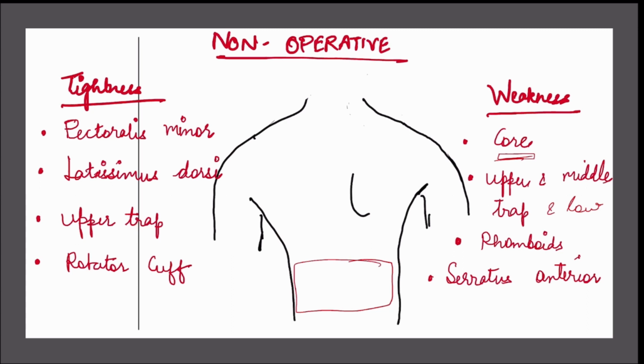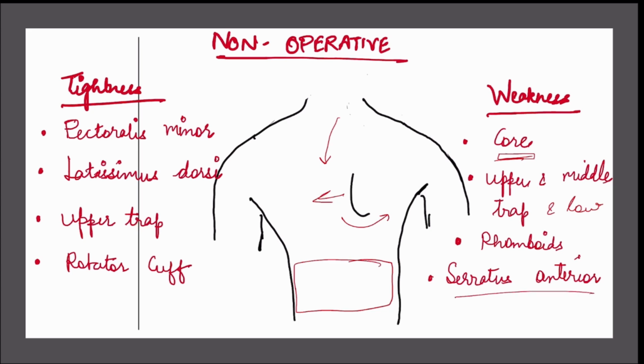Then the rhomboids. Rhomboids also cause the retraction of the scapula. And you know already that in normal scapular movements, the scapula retracts, it externally rotates and it tilts posteriorly. So rhomboids help in retraction of the scapula, which is the normal movement of the scapula. Then the serratus anterior.